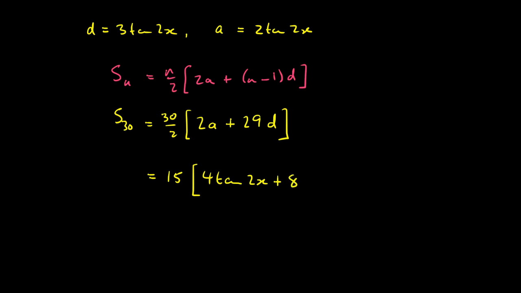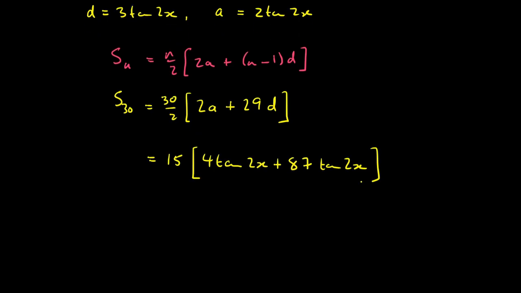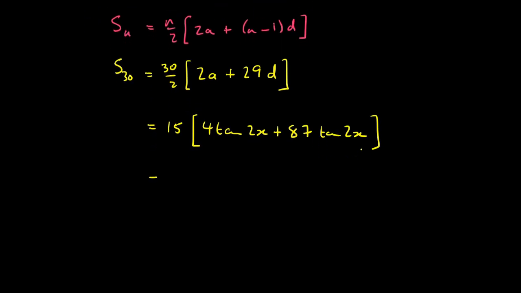So it's plus 87 tan 2x. Okay, that's looking okay so far. So let's combine that. I've therefore got 15 times 4 plus 87, which is 91 tan 2x.